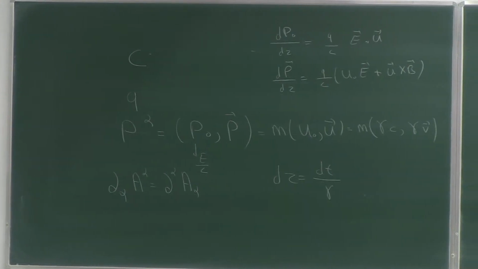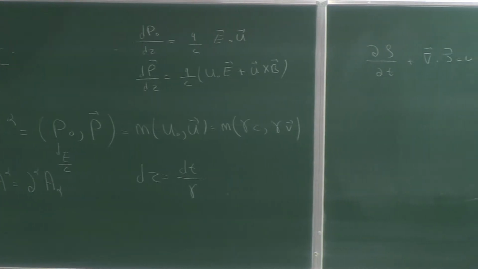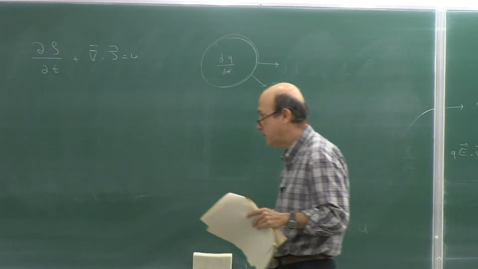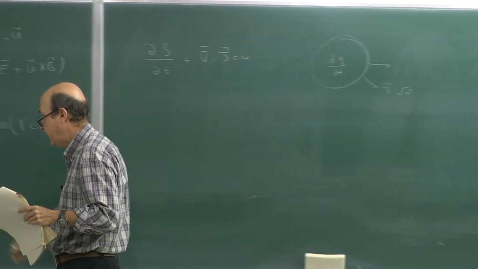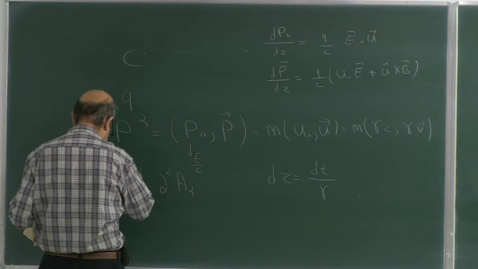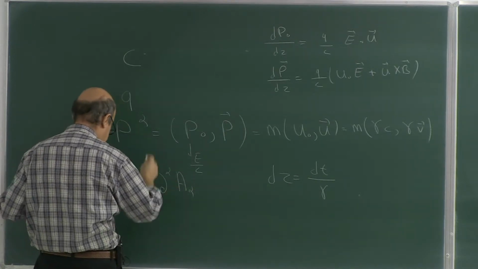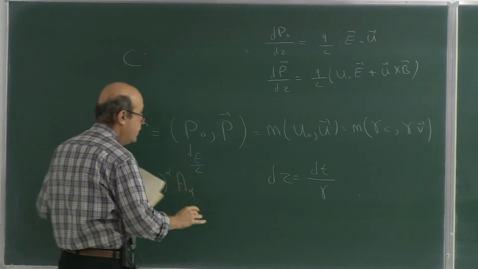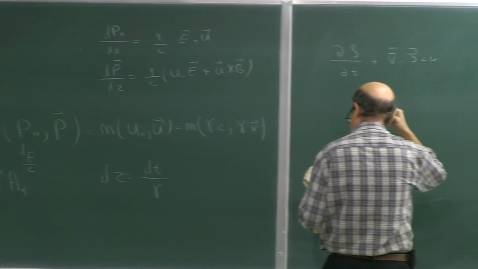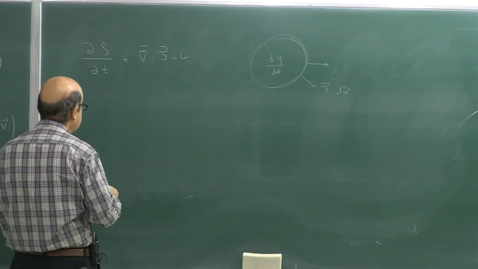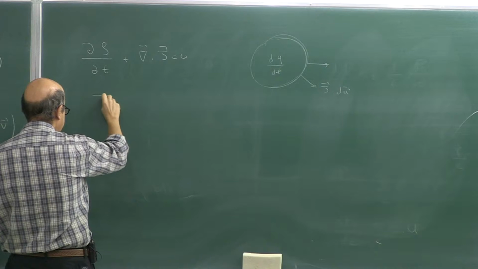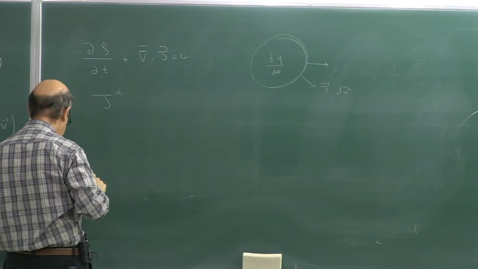I derived this using the covariant and contravariant transformations of the four-dimensional derivative operator and the first rank tensor, or vector, and I found that they are the same in all frames. So if this is prime and this is unprime, and they are Lorentz or inertial frames, the form of the equations is the same. So can we write the continuity equation using the current density? Yes, we have to define a four-dimensional current density.